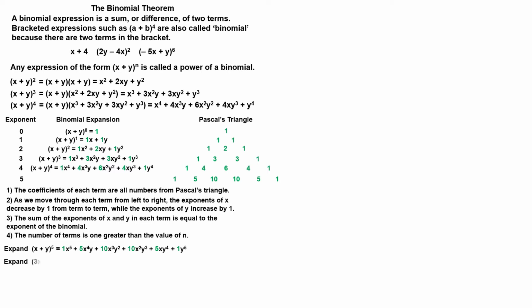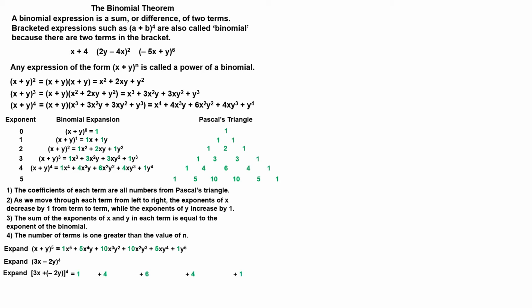Expand this binomial. We rewrite the binomial in this form and substitute 3x for x and minus 2y for y. The exponent is 4, so the coefficients will be the fourth row of Pascal's triangle.